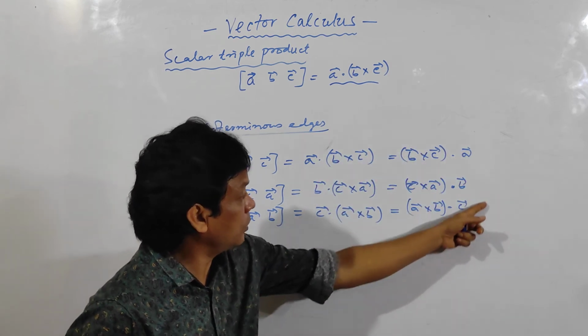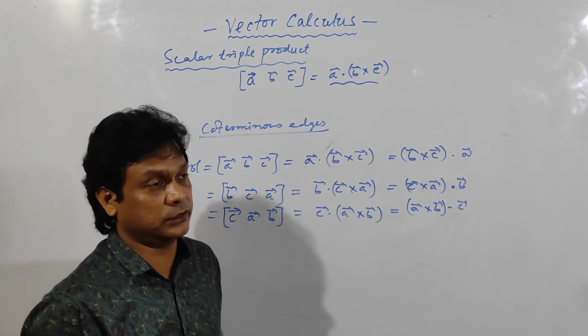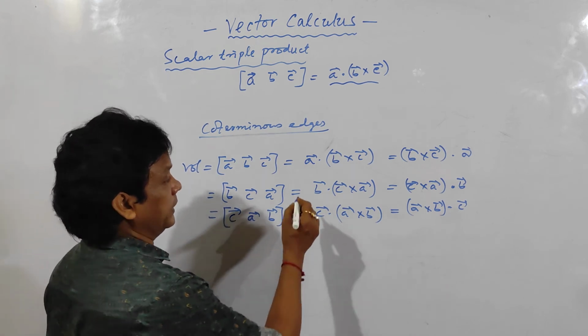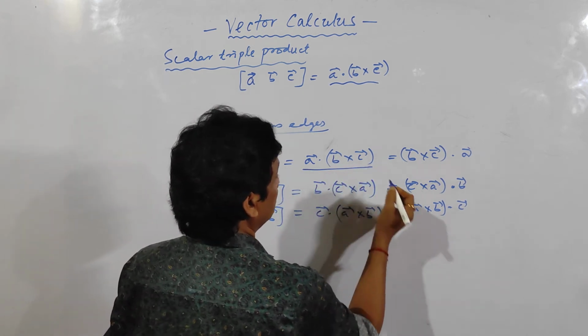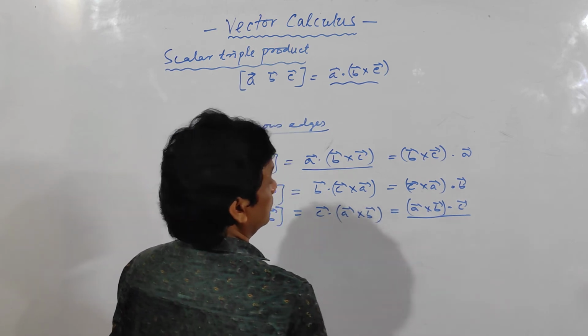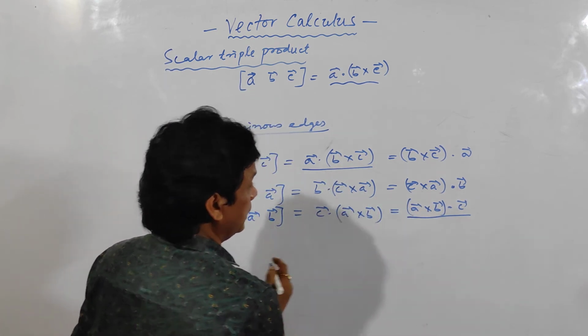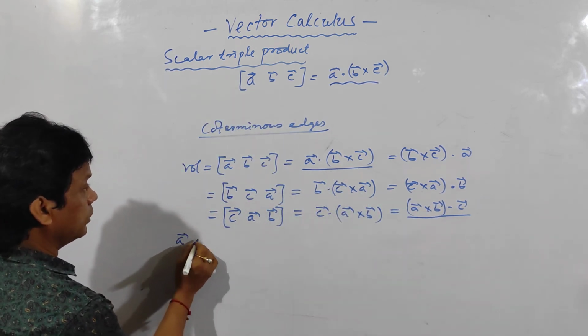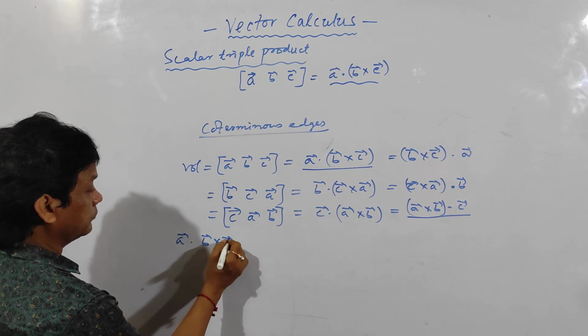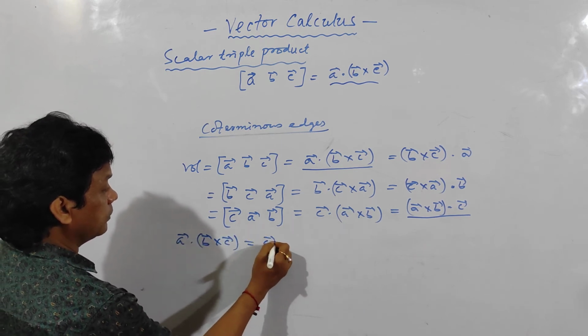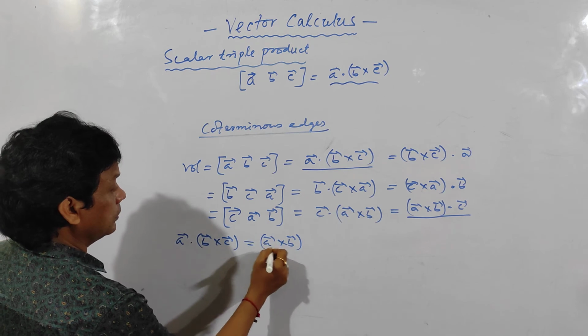That means all these 6 quantities are equal to each other. So see the difference. I am going to tell you. This quantity is also equal to this quantity. That means A dot B cross C is equal to A cross B dot C.